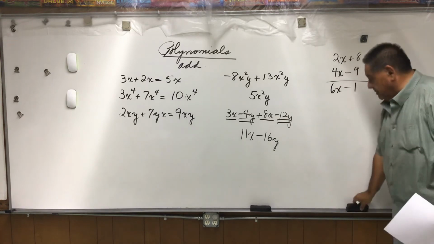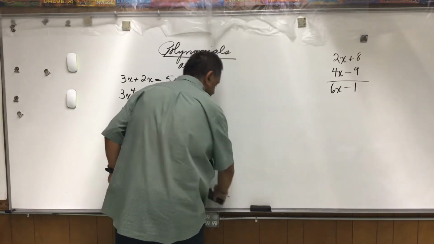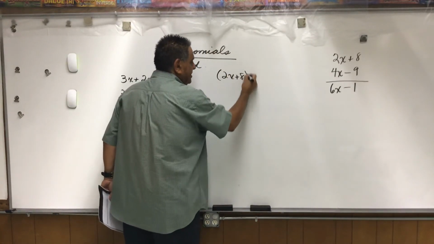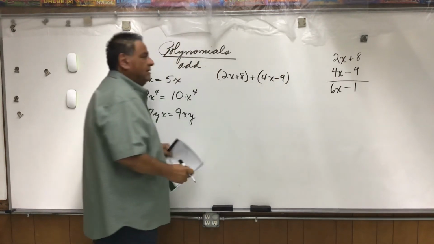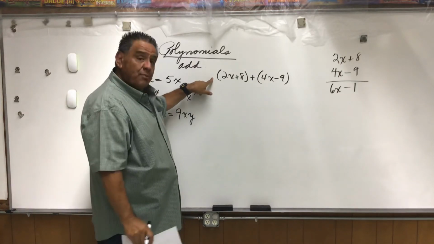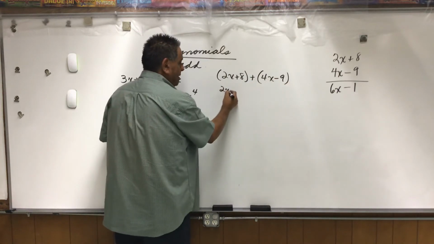Sometimes this is going to be written, I'm going to write it over here so you can see it. Sometimes it's written horizontally. All right? This is vertically. Sometimes it's written like this: 2x plus 8 plus 4x minus 9. All right? And that's perfect. As long as we have nothing in front of the parentheses or a plus sign, I can drop those parentheses and really write my problem like this.